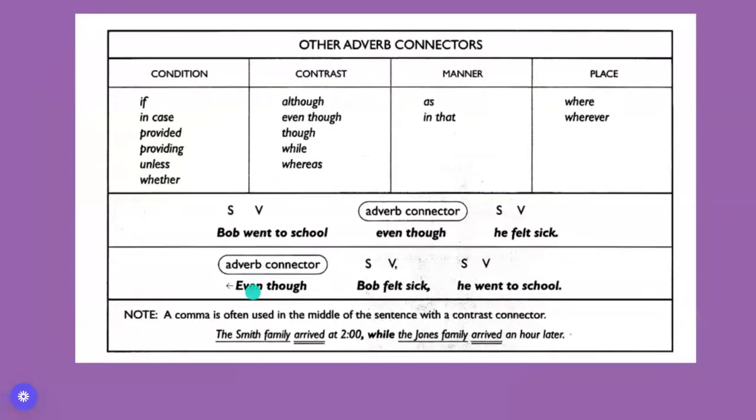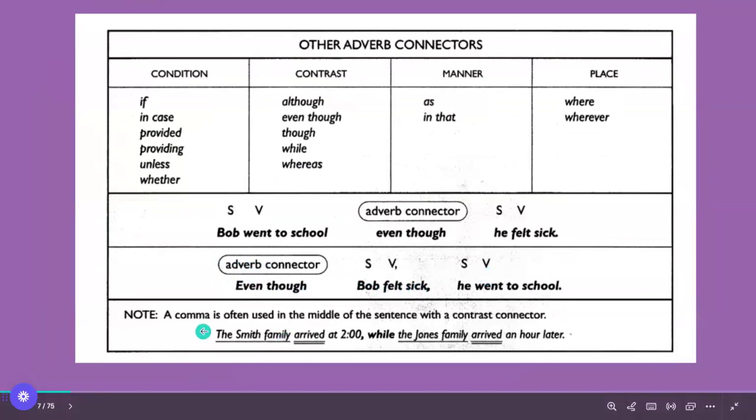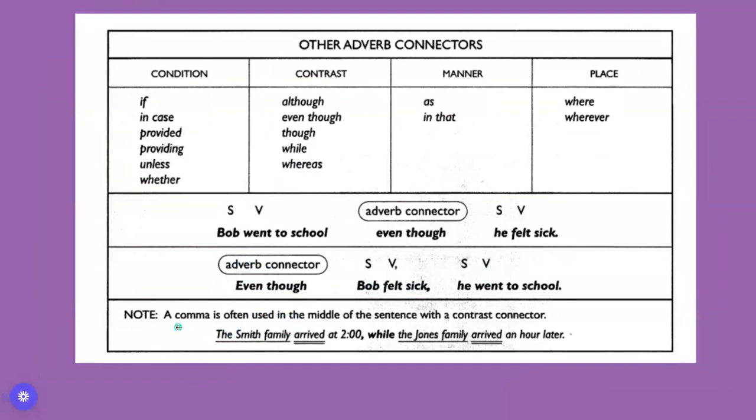Like this one, same. I have my connector, my clause, a comma, and my other clause. Yes, and it says, note, a comma is often used in the middle of the sentence with a contrast connector.